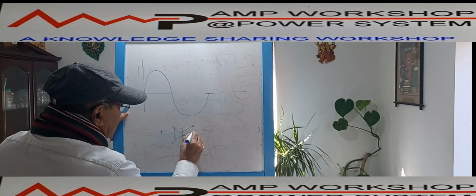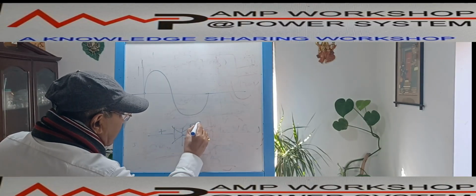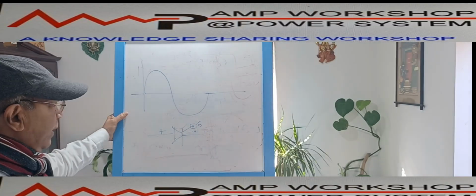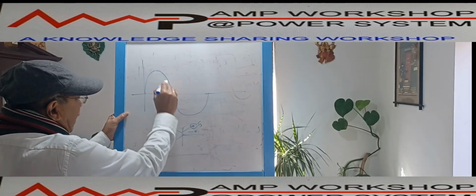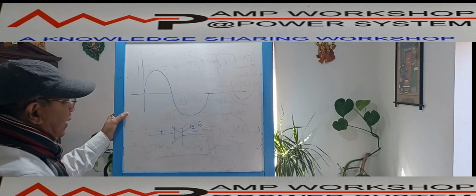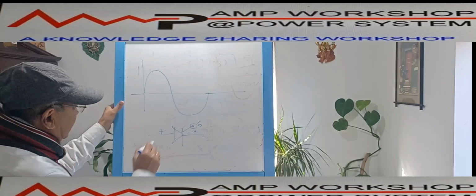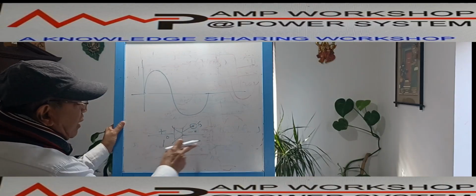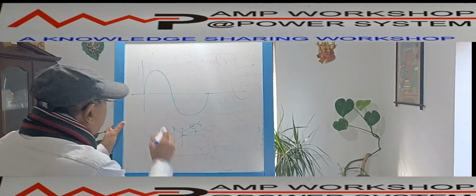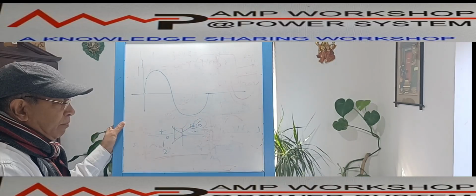Anode positive, cathode negative, but still it will not conduct until the gate gets a signal. Suppose I applied this voltage. During this half cycle, anode is positive, cathode is negative. If it is a diode, it starts conducting from here. But here the voltage is 0, then it becomes 1, but it is still not conducting. It becomes 2, still not, because I am not giving any voltage to the gate.